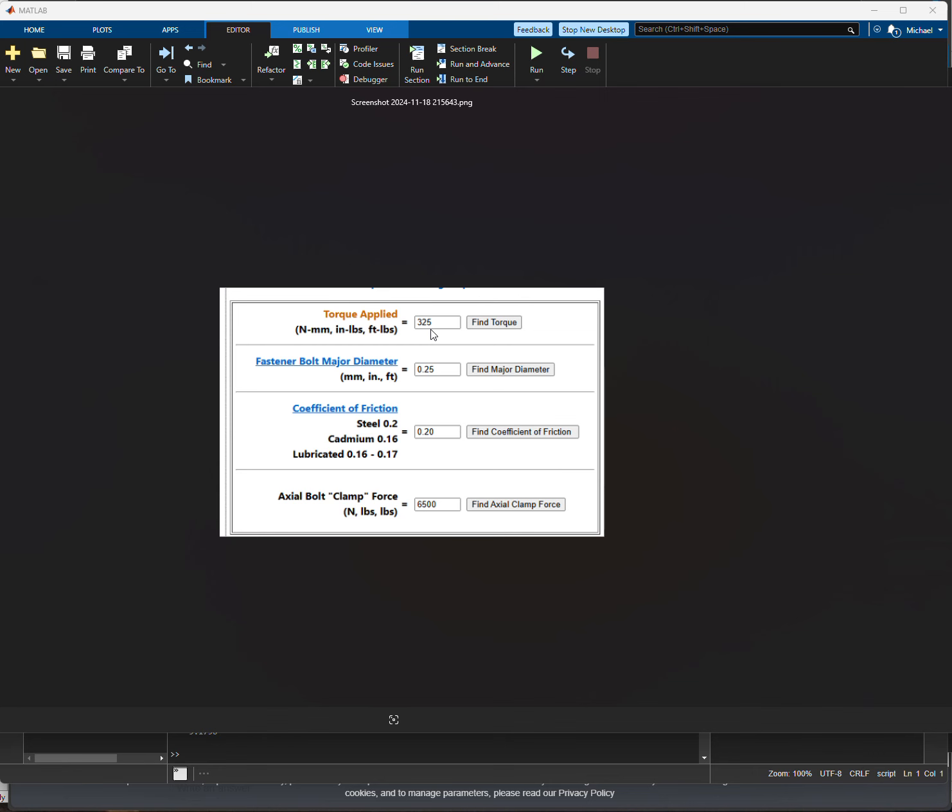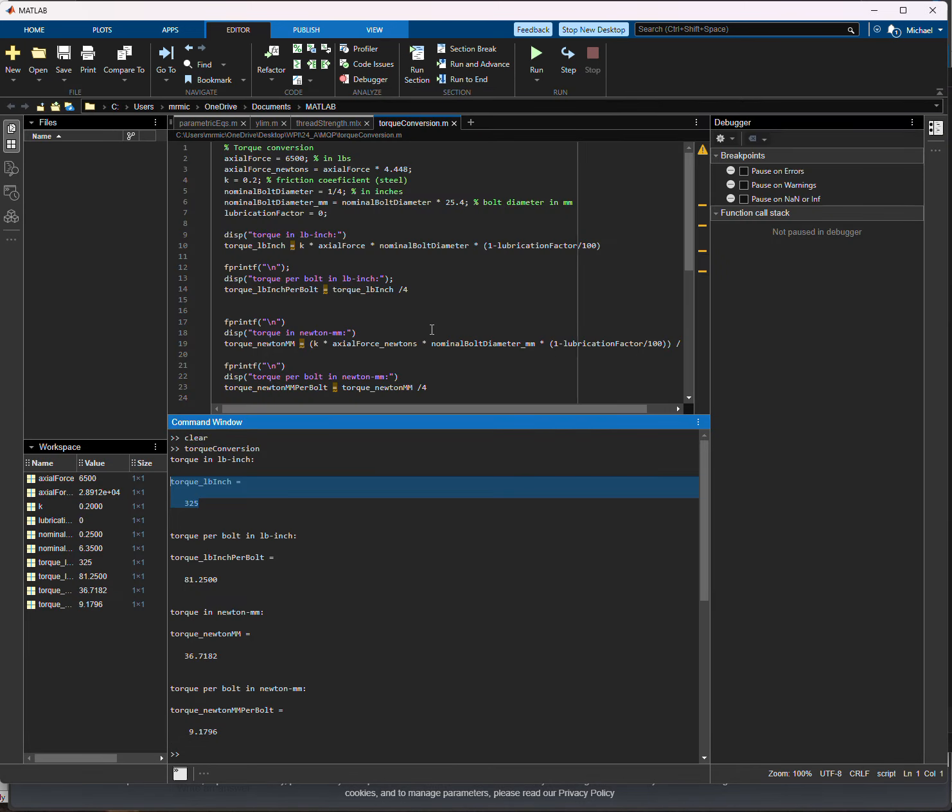And it does. What this script also does is divide that torque by 4 so you know how much you have to torque each one of the bolts, and I'll explain in a second why it's divided by 4. I also convert everything to newton-millimeters in this script.